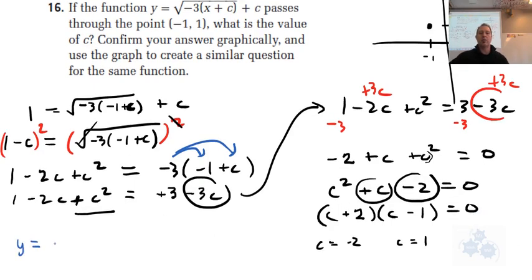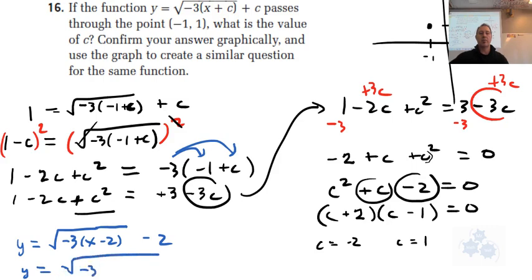So y equals the square root of negative 3 times x minus 2, and then minus 2. So there's that one. And what about the other one? It would be y equals the square root of negative 3 times x plus 1, then plus 1.